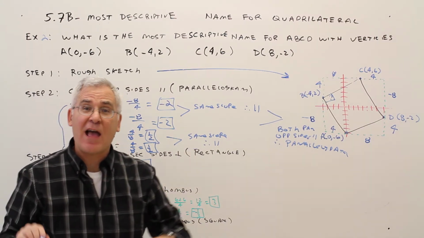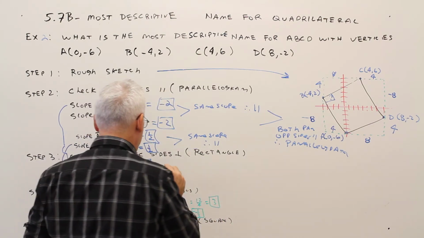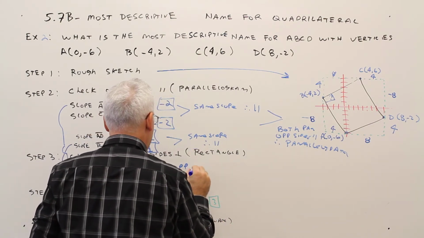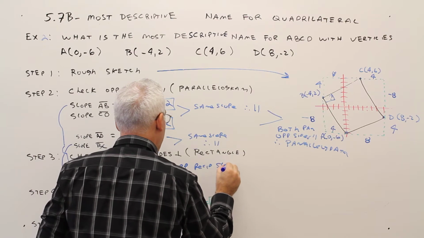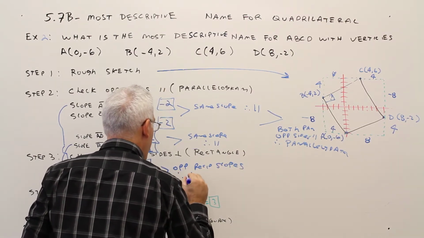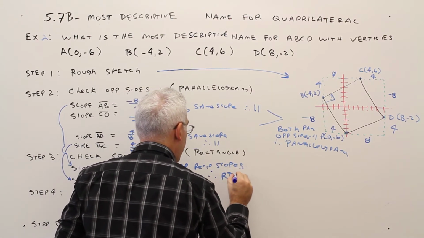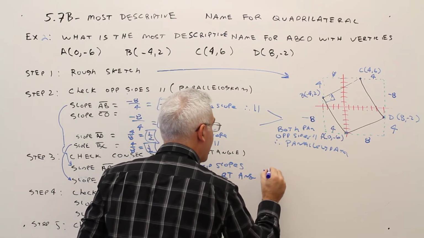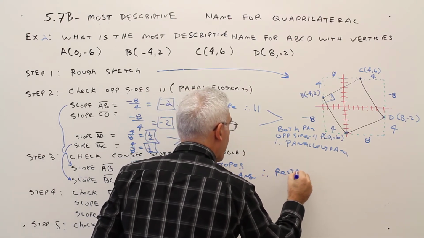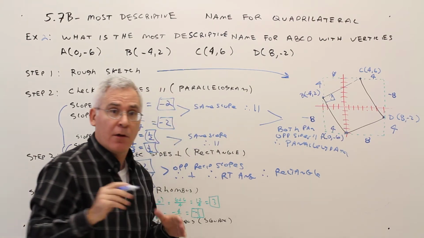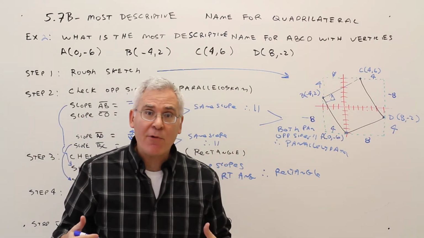Those consecutive sides do have opposite reciprocal slopes. So opposite reciprocal slopes, therefore perpendicular, therefore right angle, therefore we're a rectangle.